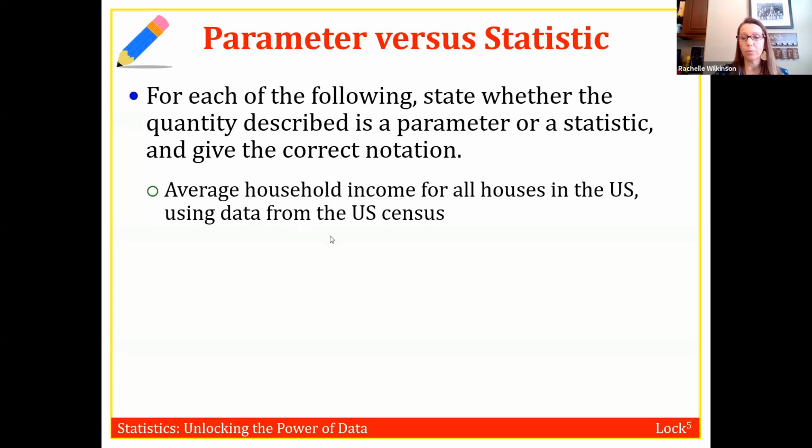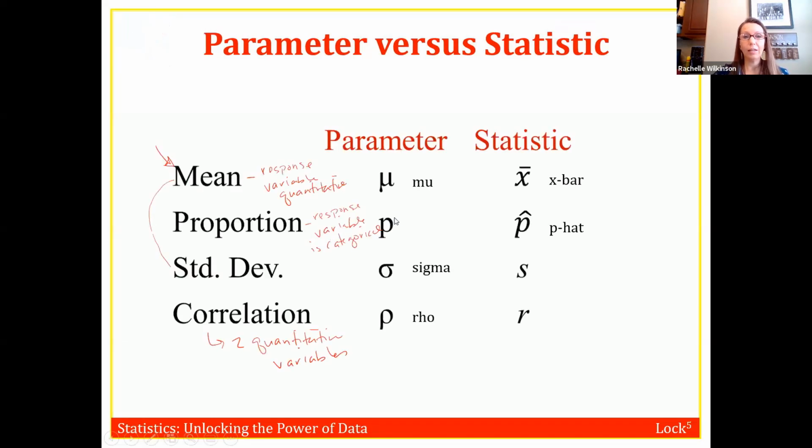So remember on the previous slide, we had these 4 here. And really we're looking at between 3, to tell you the truth, because like I said, standard deviation's not one that we're typically going to be trying to estimate right off the bat, or that's not going to be our main purpose anyway. So we have to decide between mu, p, and rho.